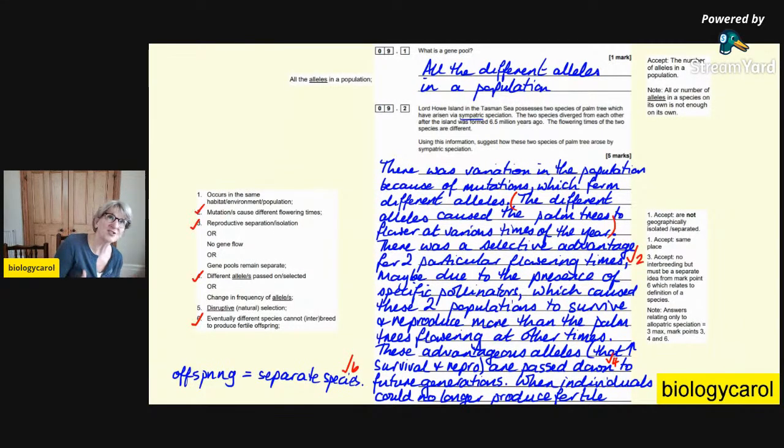I didn't mention, which was stupid, the fact that even though they lived in the same environment, they were reproductively isolated. And I was daft that I didn't spell out that sympatric speciation means that there was no geographical isolation. They were in the same environment. And I didn't think of writing disruptive natural selection. So I ended up with 3 out of the 4 marks, which, hey ho.